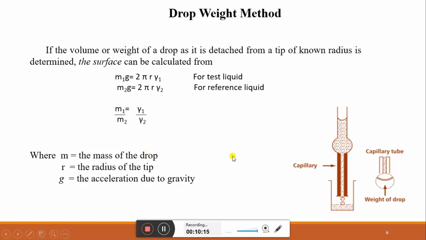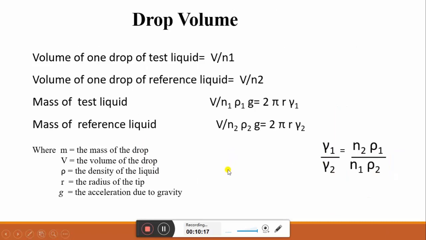So this is the drop weight method, and the drop volume method is similar. In the drop volume method, we have to count the number of drops produced by a specific volume of liquid. So the volume of one drop of test liquid is V divided by N1, same as for the reference liquid, V divided by N2.